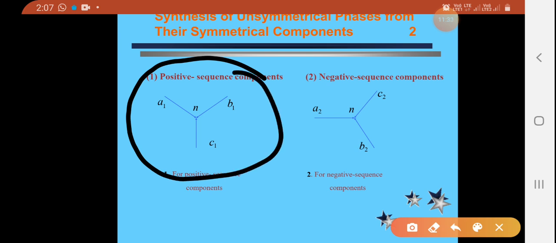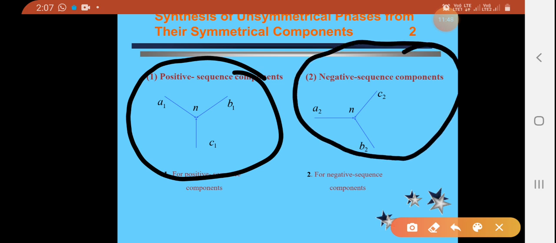Okay, similarly when we are talking about the negative sequence components, see the figure here, this is our negative sequence component.